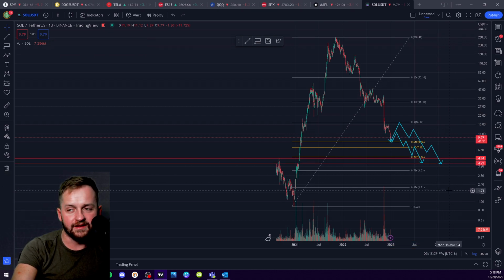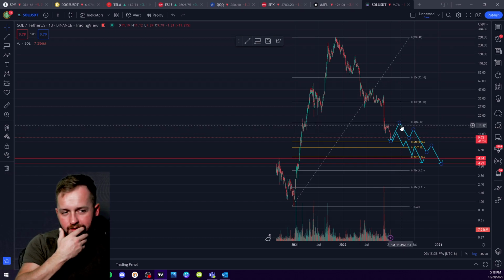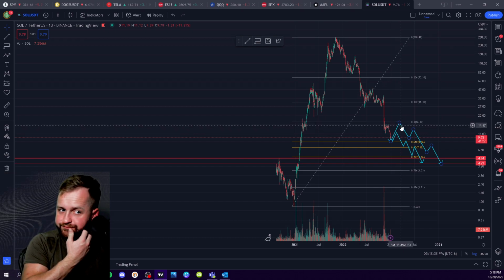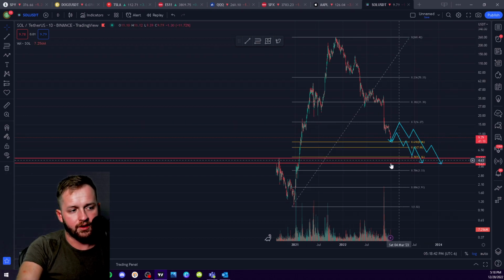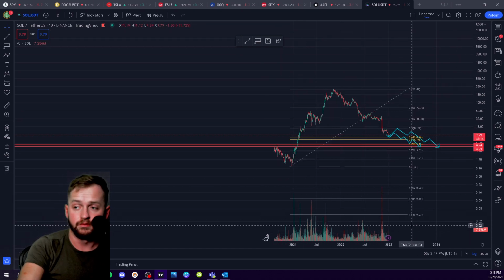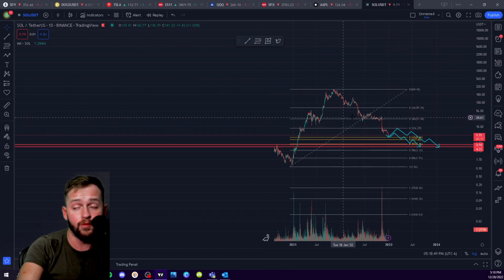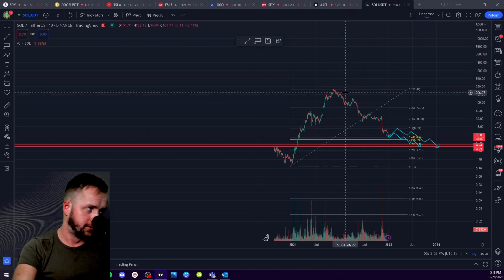I don't want to sit there in 5x margin and see that sort of loss. But I think that eventually this is the thing. I don't know. This thing looks like it can go to zero. This is so bad. So bad.